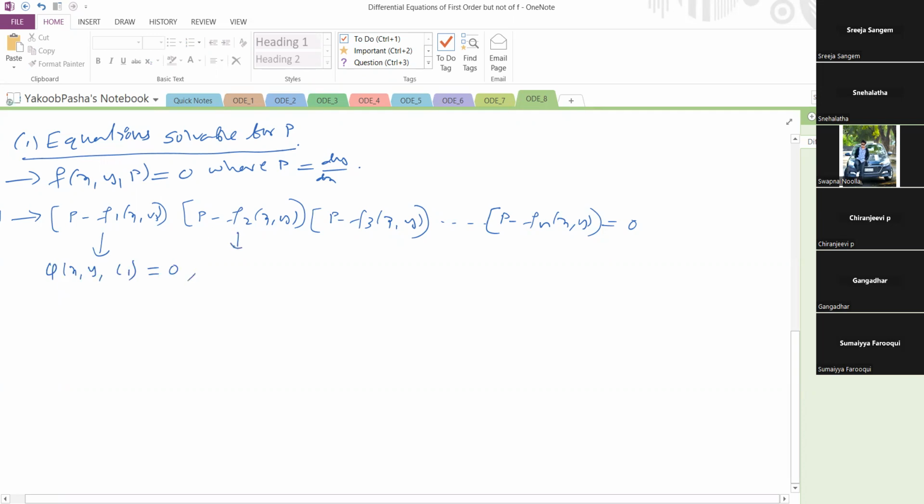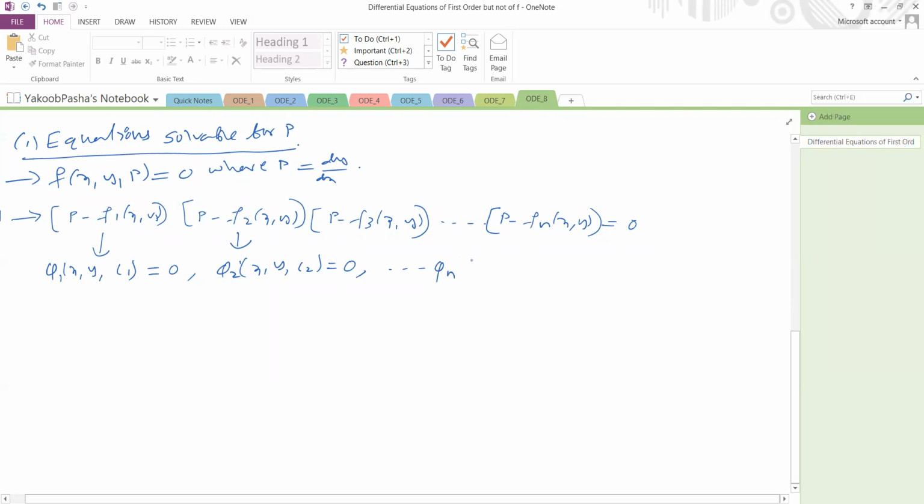The second one is phi2 of x comma y comma c2 is equal to 0, and the third one and so on. The nth factor solution is phi n of x comma y comma cn is equal to 0.